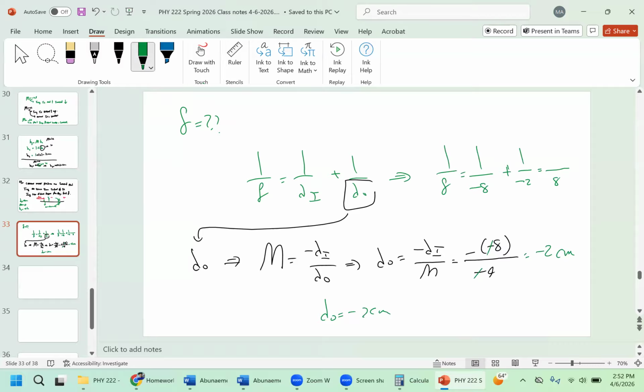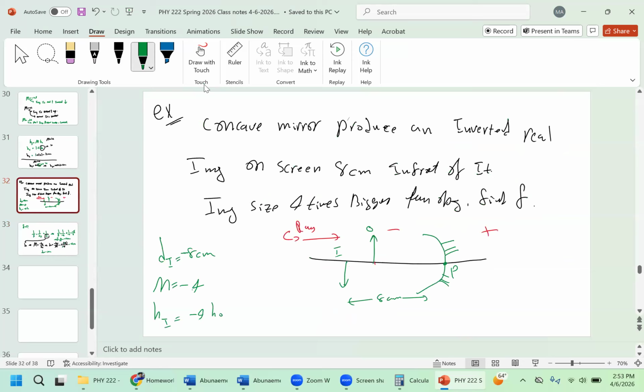To get 8 it is negative 4, so it'd be minus 1 minus 4, it'd be minus 5 over 8. Is that right? That means f equals 8 divided by negative 5, which equals minus 1.5 centimeters. That means it's going to be on the negative side. Here's your f, 1.5 centimeters, and it's on the negative side.